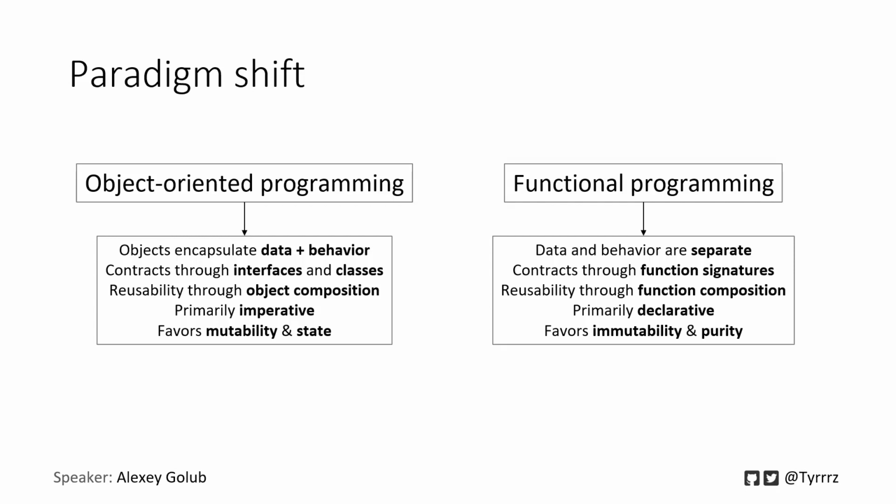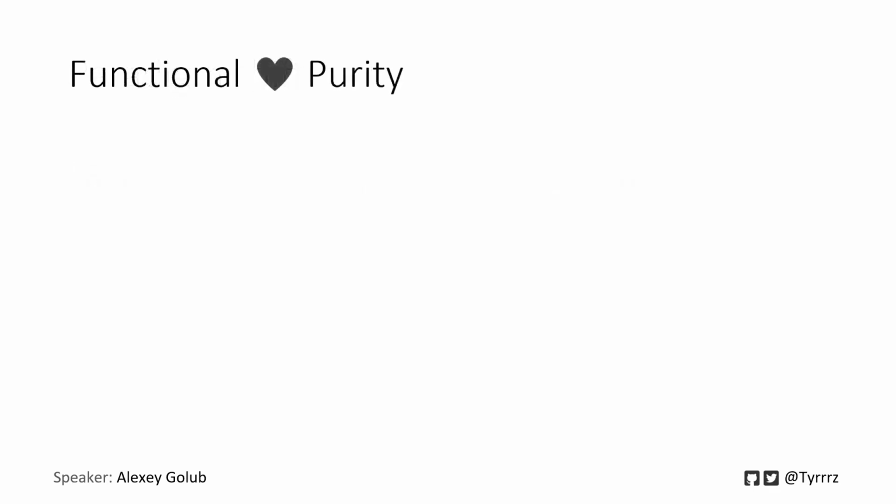And purity in particular is actually pretty important to functional programming, because many functional concepts, such as functional composition and functional architecture in general, hinge on this idea of purity. What it means is that, while avoiding state entirely is practically impossible, we want to keep it as far away from our functions as we can.